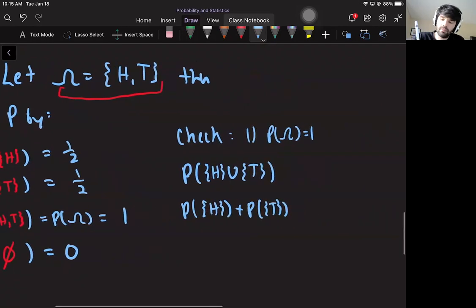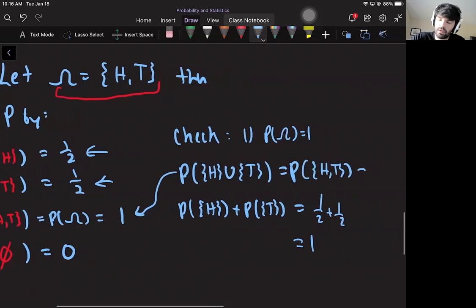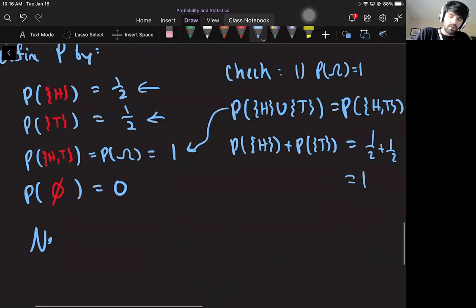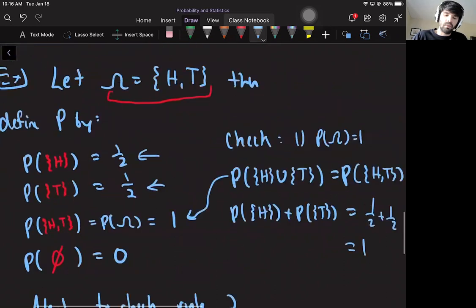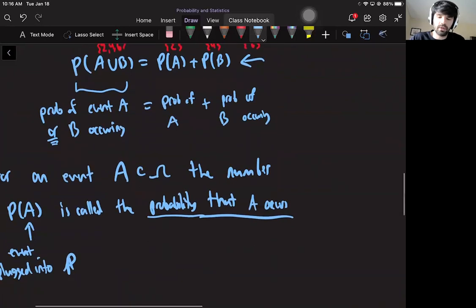So let's see, do I get the same thing? Well, what is the bottom one? That's going to be a half plus a half, which is 1. And this, well, when I union them together, I just put them in the same set. And that is just this guy. So yes, I get 1 in either case. So it is true for those two, but in reality, you would need to check the second rule, meaning this one up here, for all possible disjoint events.